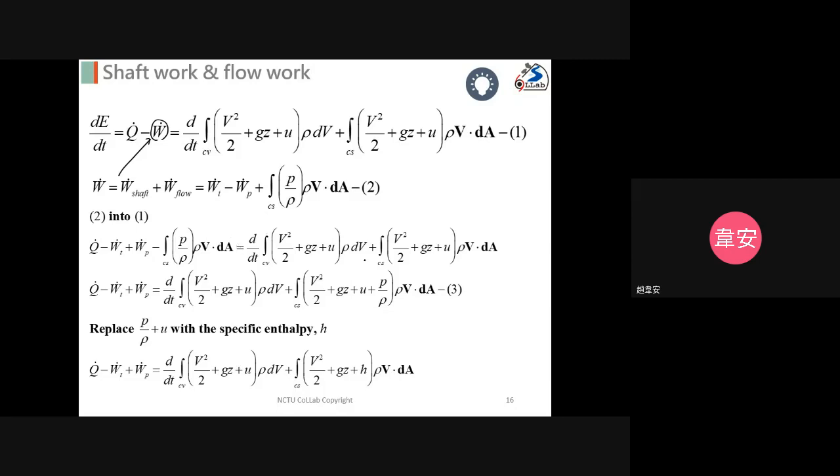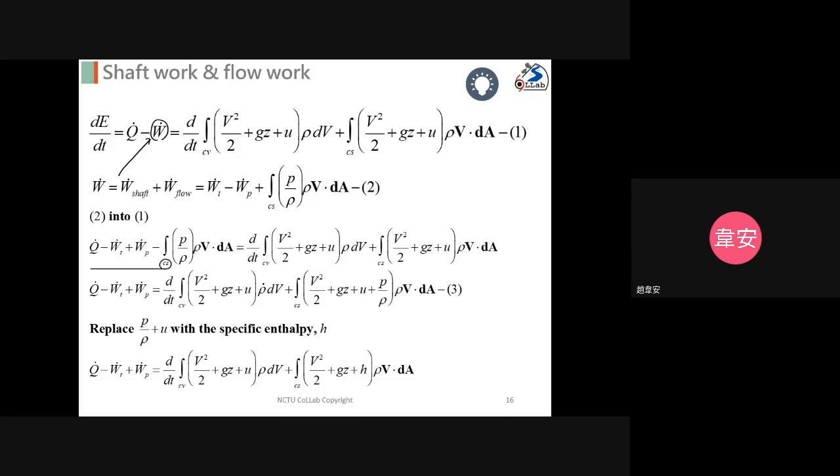And the right hand side is written based on the Reynolds transport theorem, just replacing the small b by the energy terms per unit mass. So we just take a look.